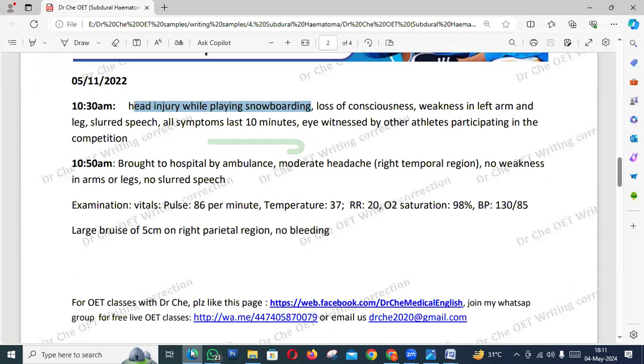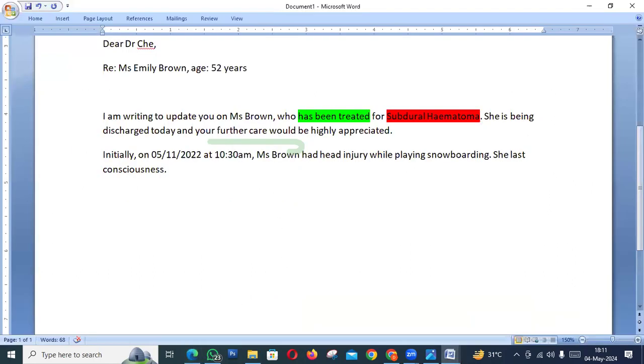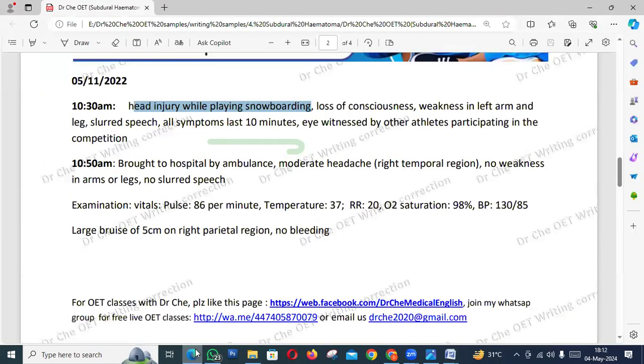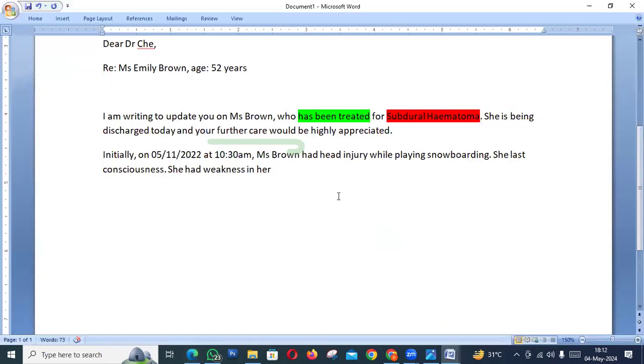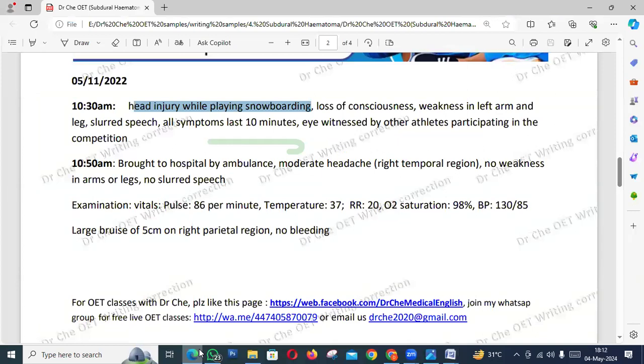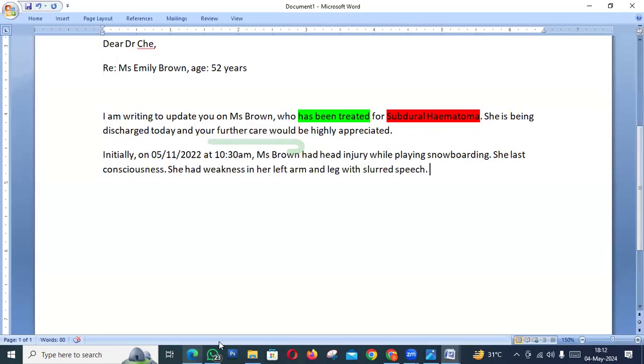She had weakness in her left arm and leg with slurred speech. Very good. And her symptoms lasted for 10 minutes.